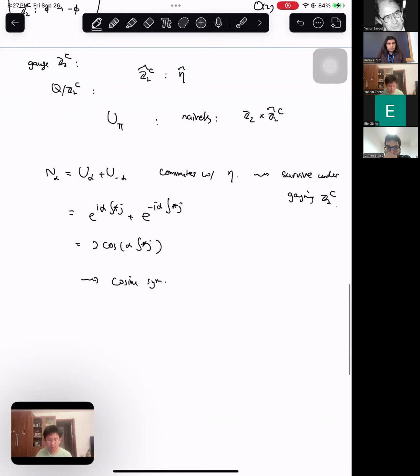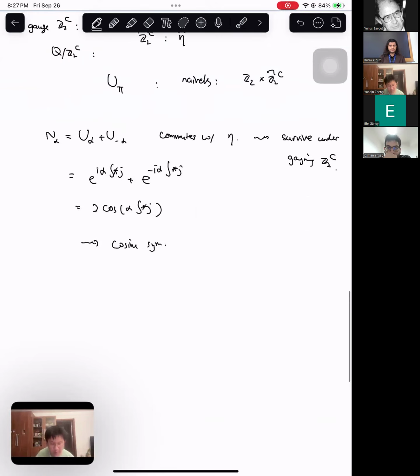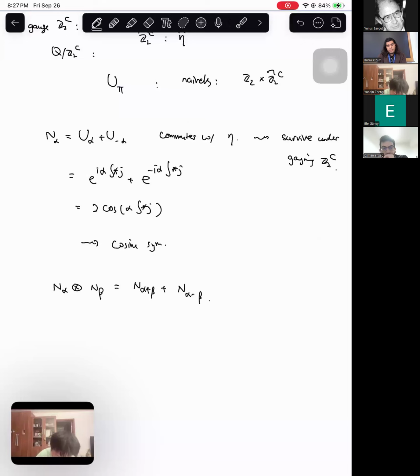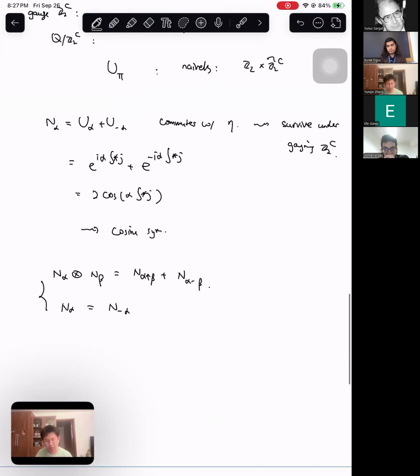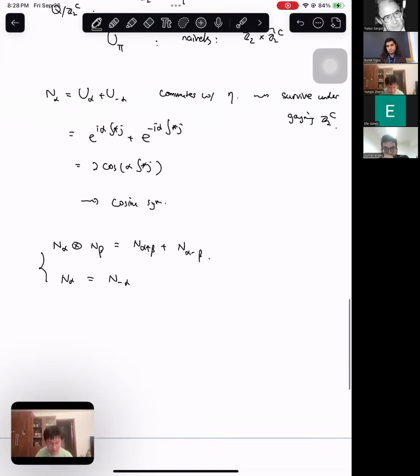One property of this cosine symmetry is that it satisfies non-invertible fusion rules. N alpha times N beta equals N alpha plus beta plus N alpha minus beta, and also N alpha equals N minus alpha. These are the two key properties of these non-invertible symmetries.